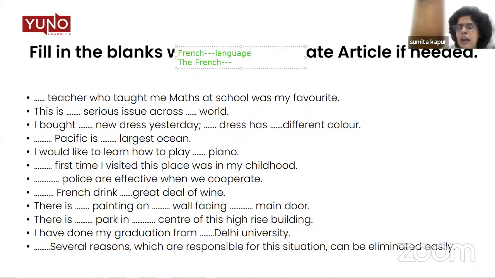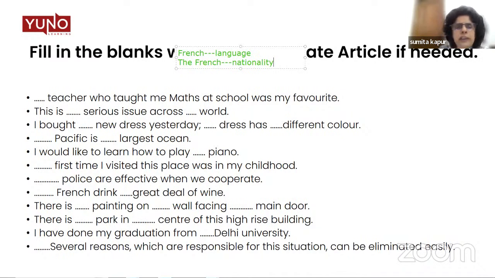The next question I would ask her is, who taught you French? Probably she would say, there was a French teacher and the French teacher was very good. So the French refers to nationality. That is the difference. And that is why we say the French, because people will drink wine, language will not drink wine.